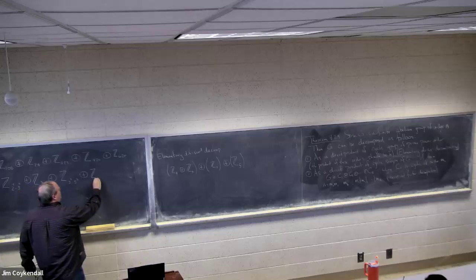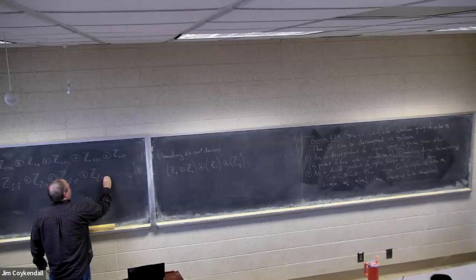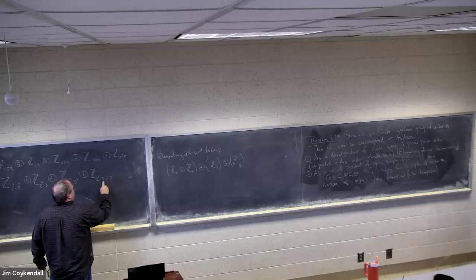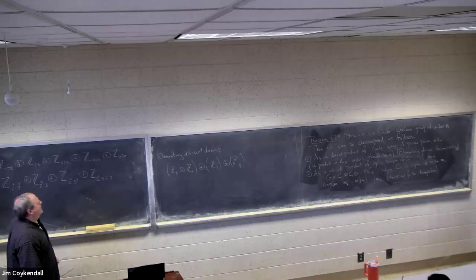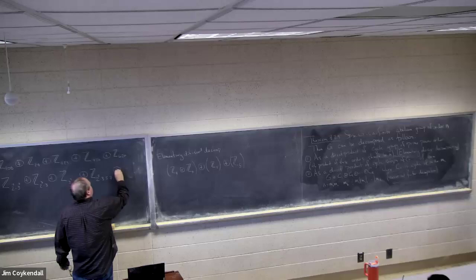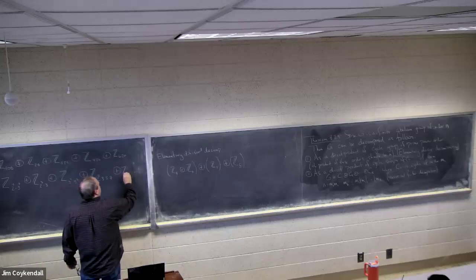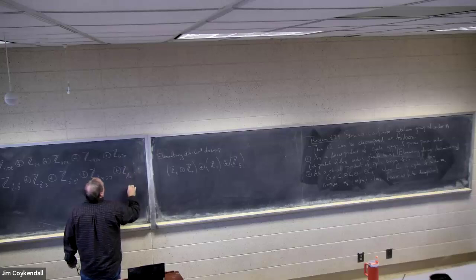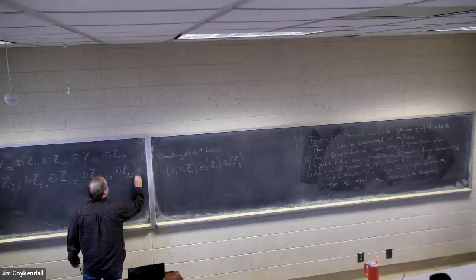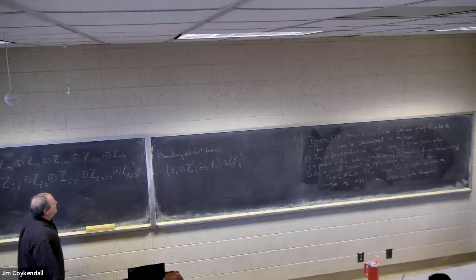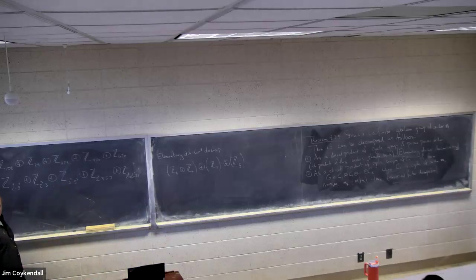This is 2 squared times 3, 5, 7, I think. And this is 2 squared times 5. Everybody agree on this?